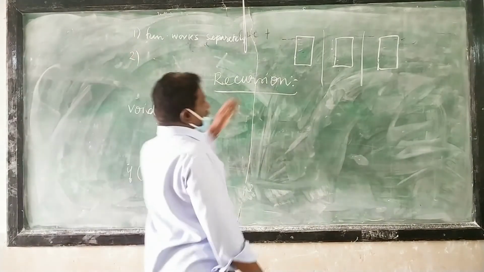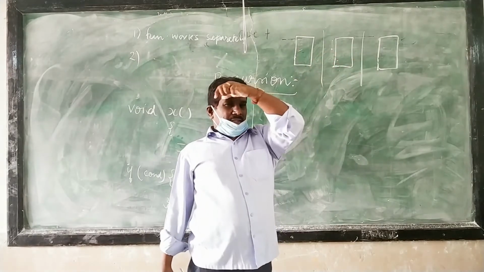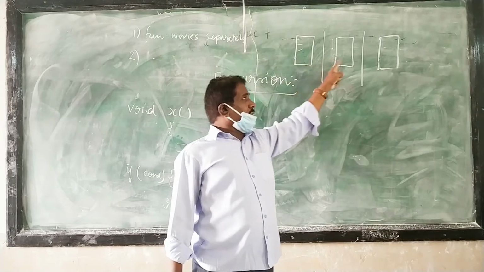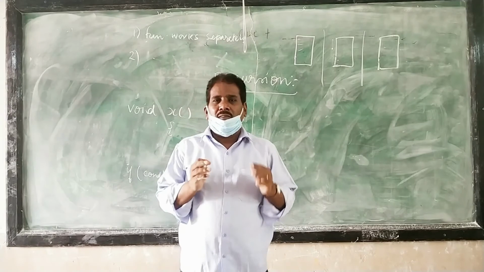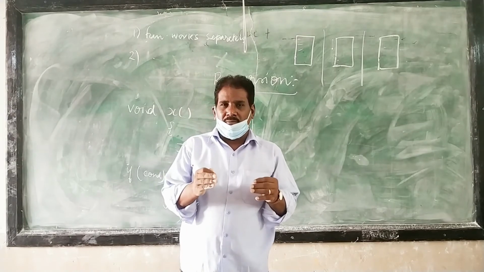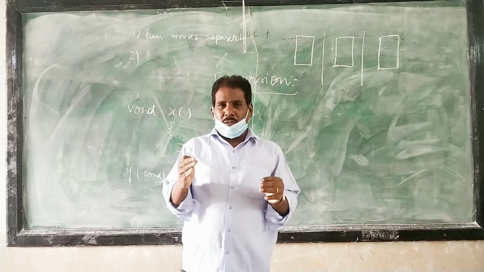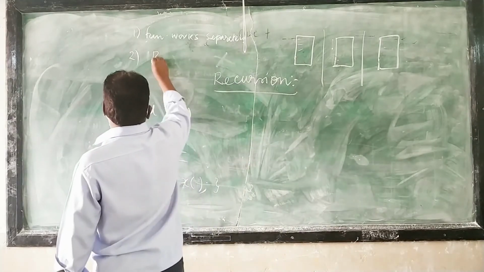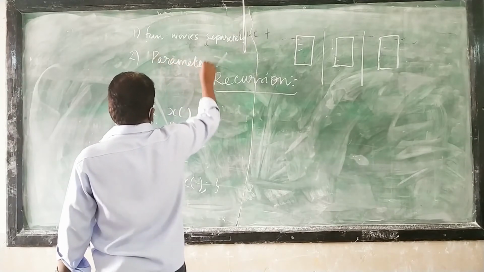Since the function doesn't share values between each block, the one and only way to take a value from one function into another function is through parameters. Parameters are very important.